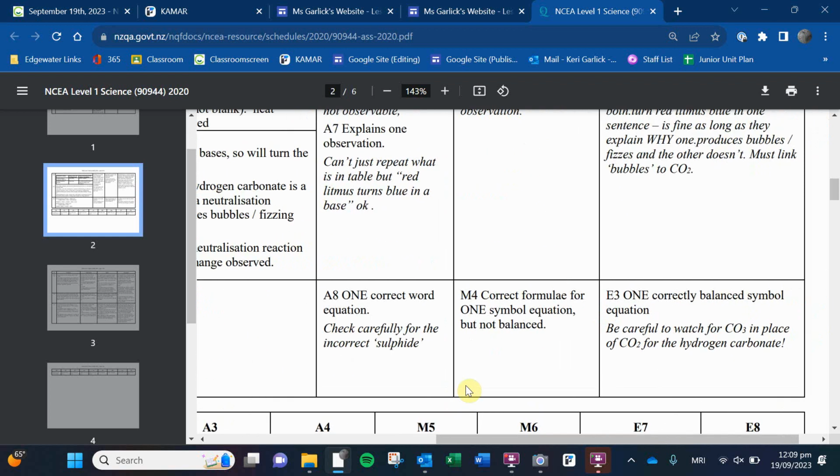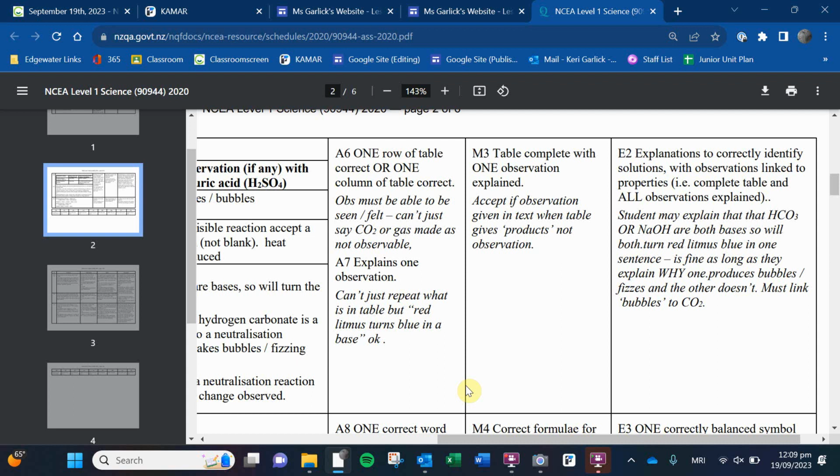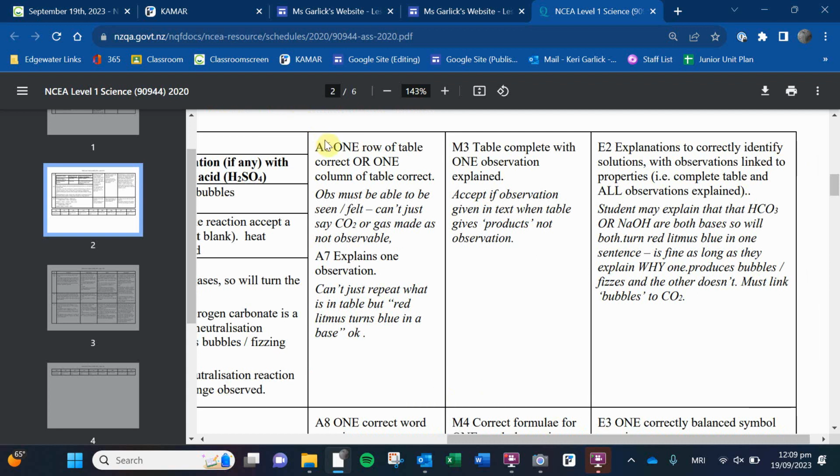And so the breakdown of the points. Achieved: 1 row of the table correct or 1 column of the table correct. For the achieved, explains 1 observation, which can't be repeated in the table. The red litmus turns blue in a base is okay, but if it's already in your table, we can't double count it as points.